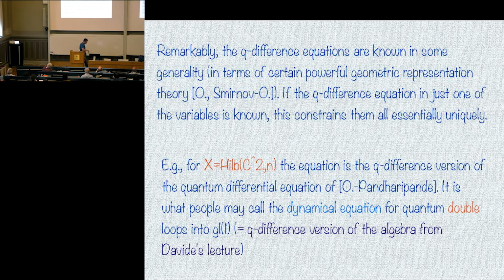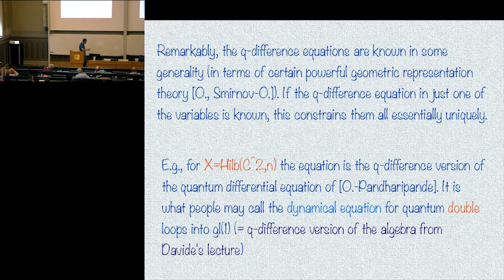And I want to point out a basic fact of life: if you have a function solving a bunch of q-difference equations, and you know one of them, then essentially you know them all, because any q-difference operator in some variable commuting with your operator is more or less uniquely constrained. So it's enough to know any one of them. But in fact they are all known in some generality.